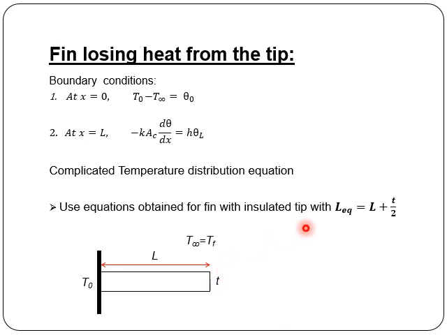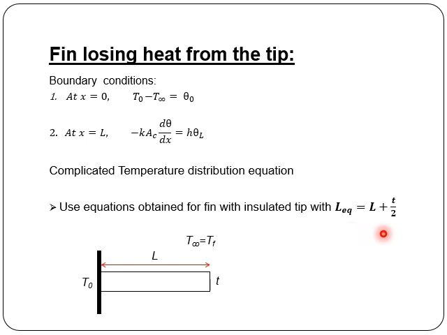So what we can do is, instead of L in the expression, I can calculate L equivalent, which is equal to the length of the fin plus half of the thickness. That will take care of the heat which is lost from the tip of the fin.